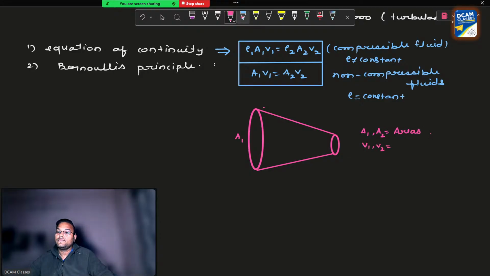V1, V2 are the velocities. Here velocity is V1, here velocity is V2.